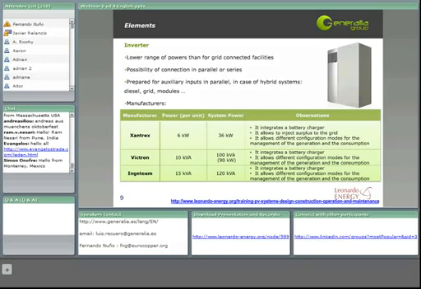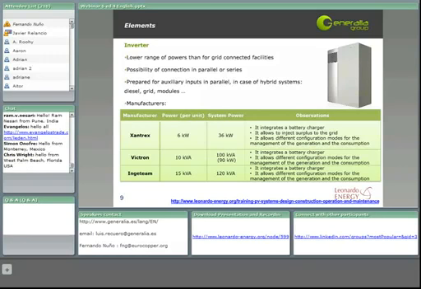This is because, as we said, we have the possibility to connect several inverters. In the case of Santrex, we can get to 6 inverters, 2 in parallel and 2 in series. In the case of Victron, we can connect 10 inverters, and in the case of Ingeteam, we can connect 8 inverters.